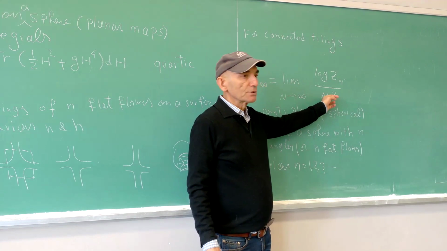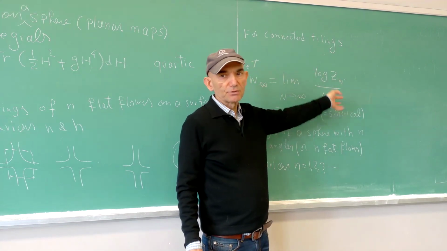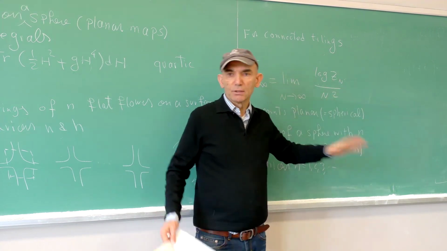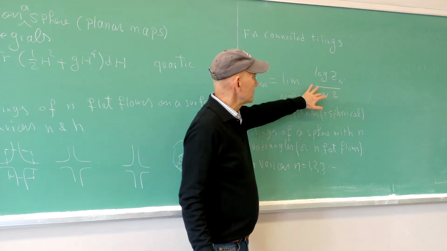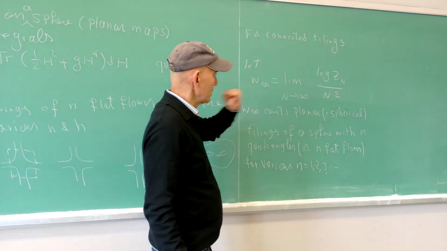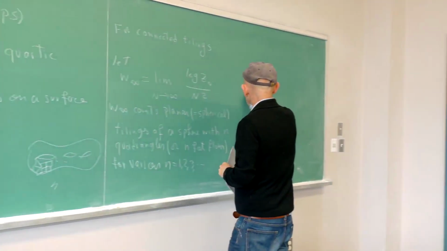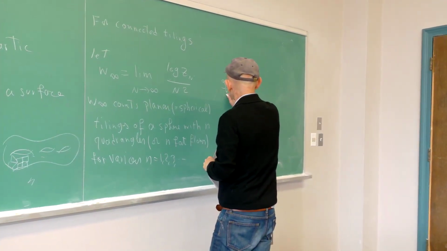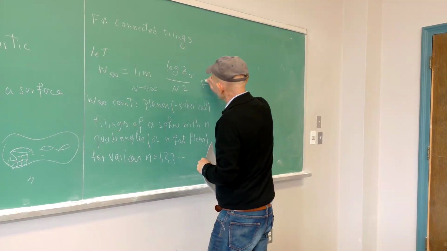And this 1 over n squared is necessary in order to get the limit. This is a scaling factor that's always needed for large n. In this case, it's 1 over n squared, and this comes from the genus formula, the topological expansion formula.